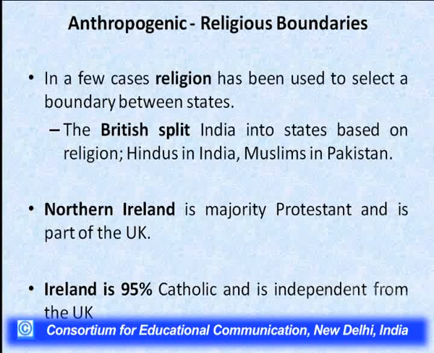The best example is that the British split India into two different identities. Generally the Hindus are found in India and the Muslims in Pakistan. So it is the best example of an anthropogenic religious boundary. In fact, in island regions, there is also a dispute based upon different religious aspects.